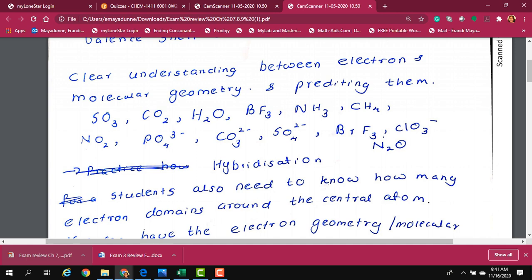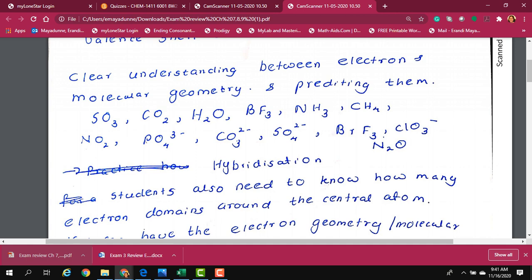An easy way to identify the hybridization is to predict it by looking at the electron domains. What are the hybridizations? You have sp hybridization, sp2 hybridization, sp3 hybridization, sp3d, sp3d2.